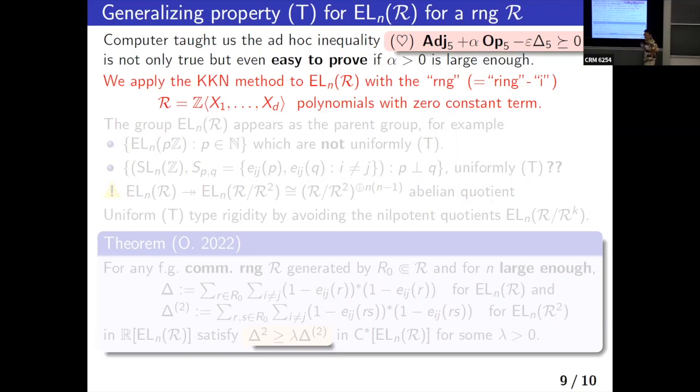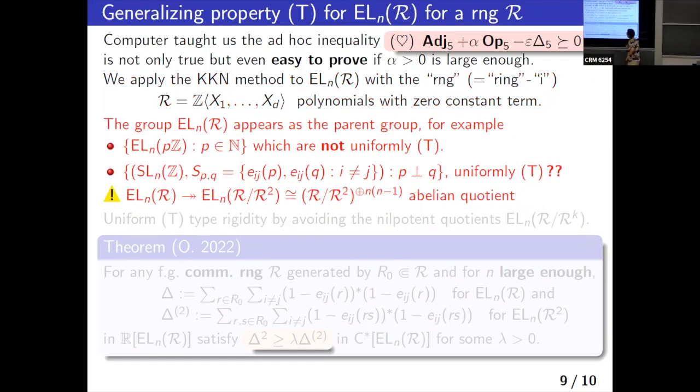The ring is a ring without identity; the identity is removed from the ring, so that it's an ideal in the unitization. And the universal commutative ring is the polynomials in x_1 to x_d with zero constant term. Yeah, no constant term. This group may look peculiar, but it's not that peculiar.